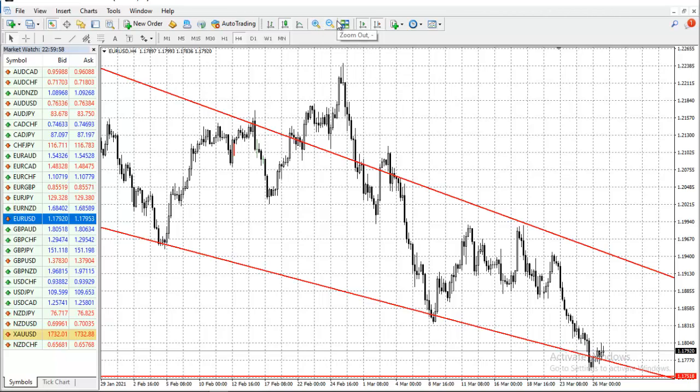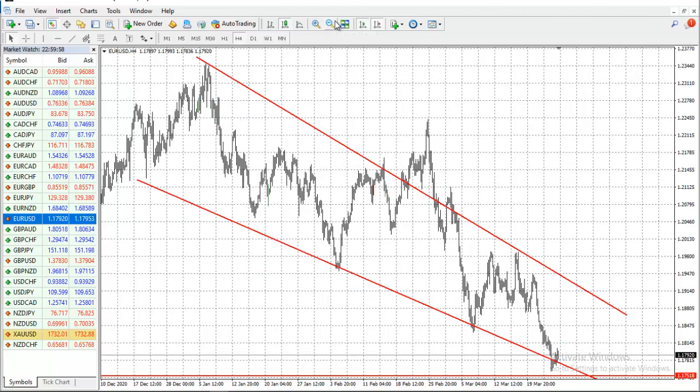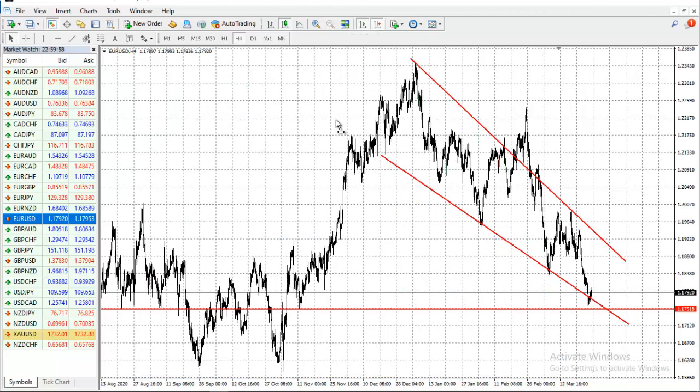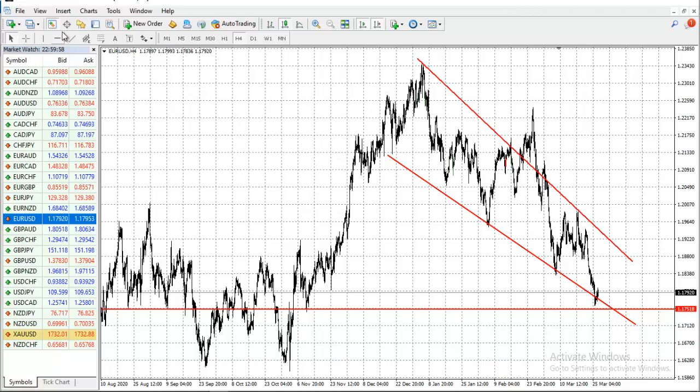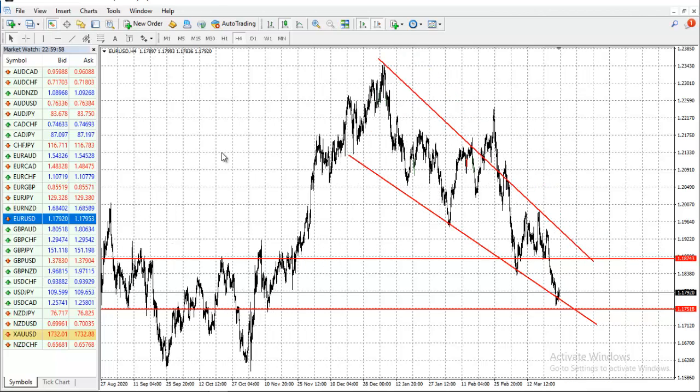On our 4-hour time frame, the market is still going to rise for some time before it begins to sell. So please, on Euro USD, note that the market might rise for some long time.